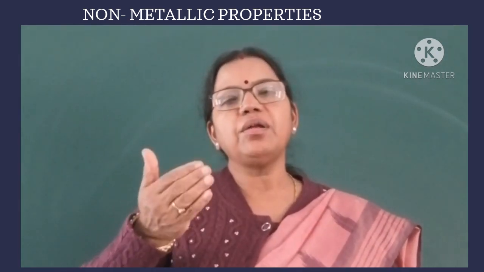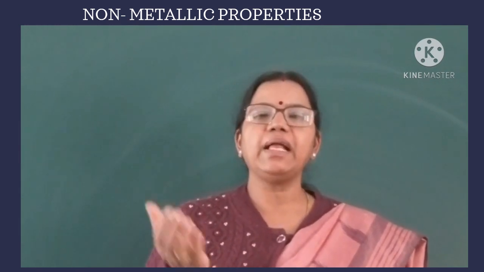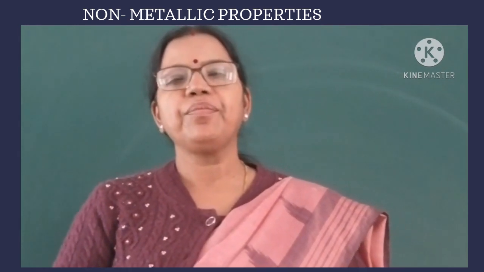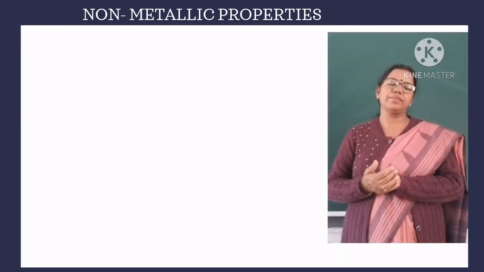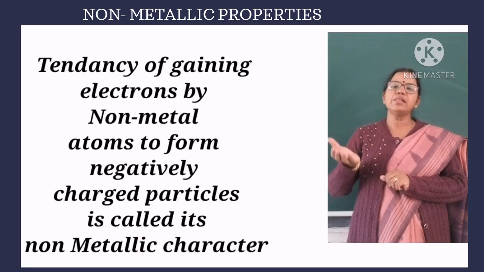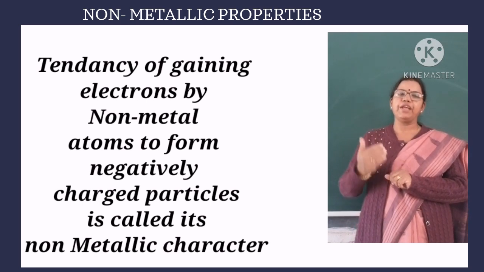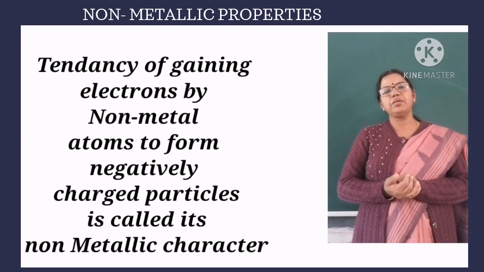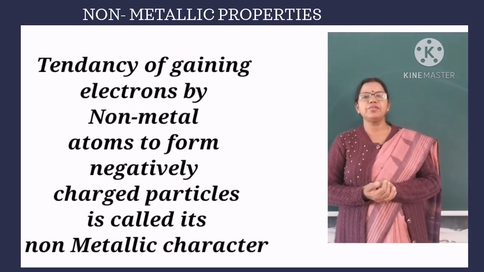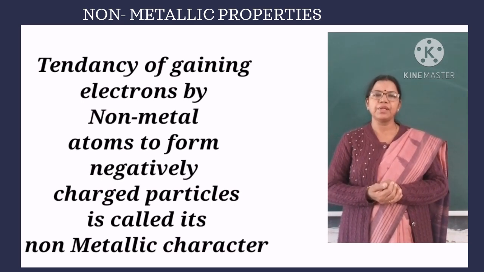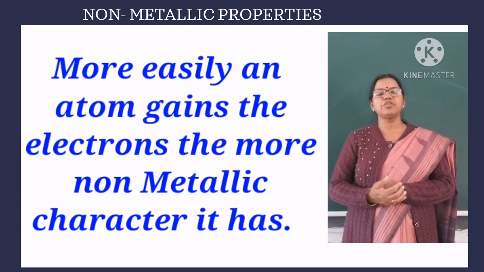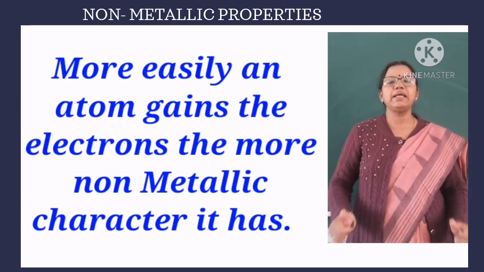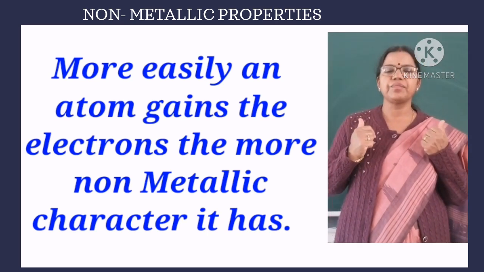Here, non-metal atoms can gain electrons to form negatively charged particles called anions. Again here, the tendency of gaining electrons by non-metal atoms, we can say, is non-metallic character. The more easily an atom gains electrons, the more non-metallic character it has.